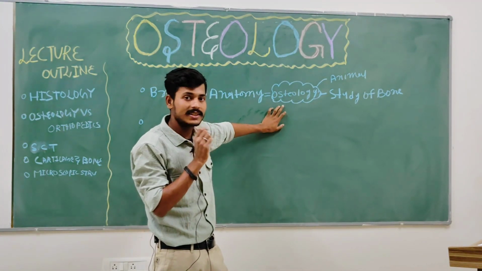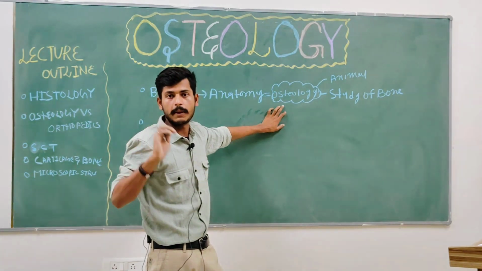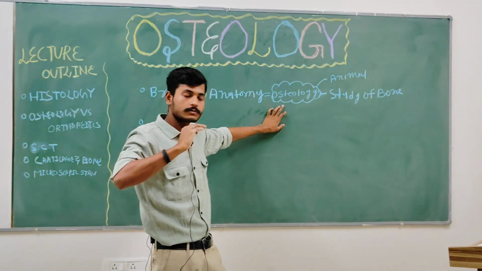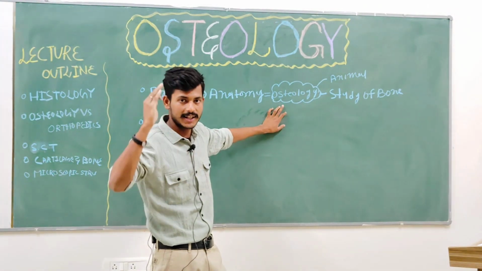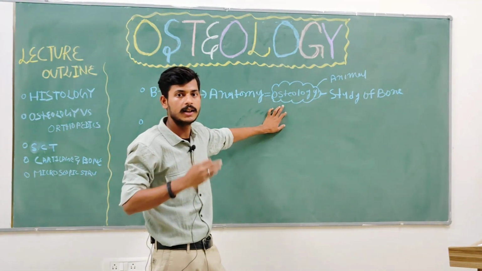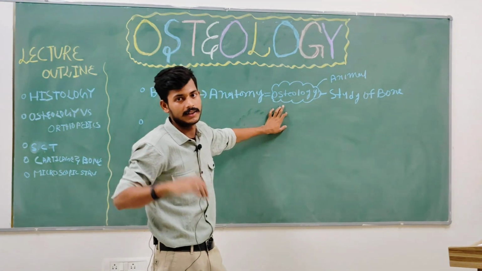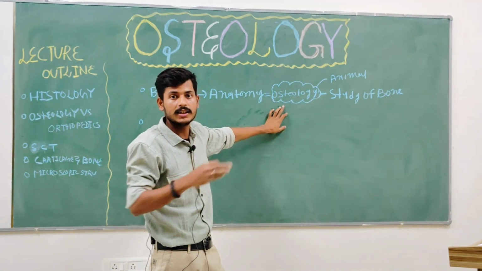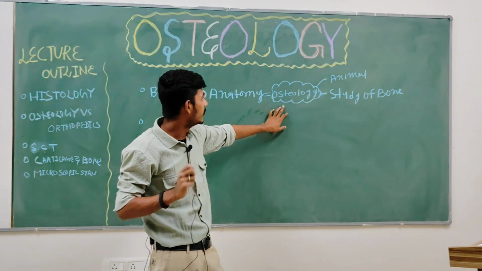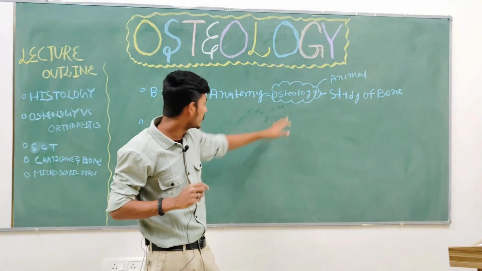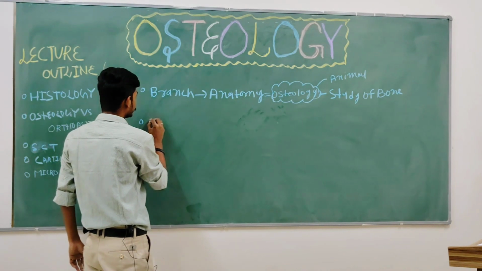If bones are studied in a detailed manner, then we can correlate between human bones and other creatures' bones, and establish a link between us and other animals. That's called the evolutionary link. That is about osteology. Now come to orthopedics.